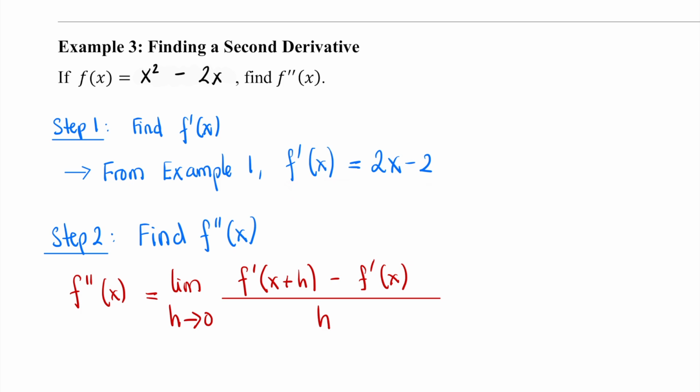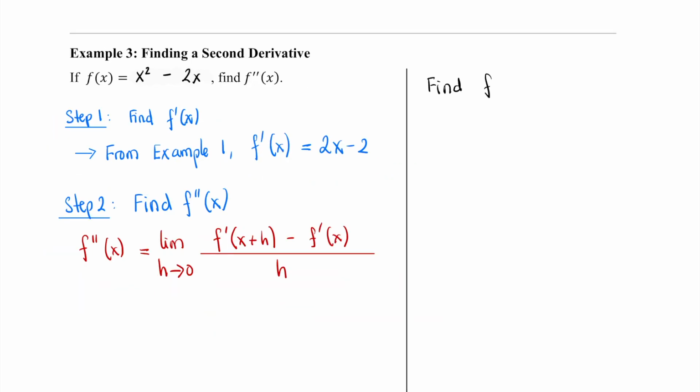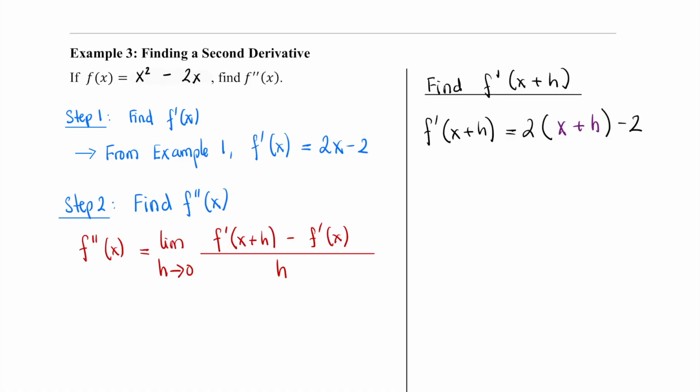So first, I need to find f prime of x plus h. F prime is 2x minus 2. I will replace x with x plus h. 2 times x plus h is 2x plus 2h.